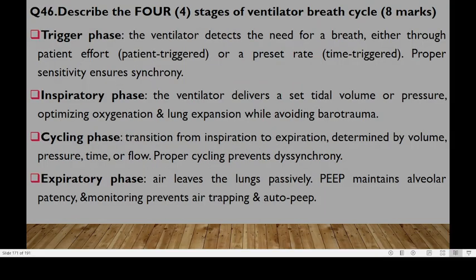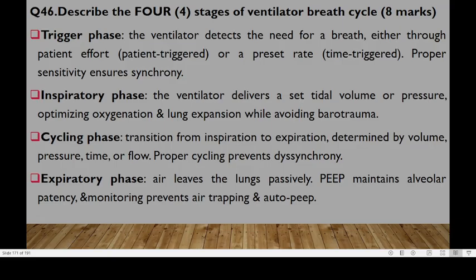Describe 4 stages of ventilator breath cycle. Okay, so a ventilator breath cycle consists of 4 stages. We have the trigger phase, where the ventilator detects the need for a breath, either through the patient effort, so we say this is patient triggered, or a preset rate, so this will be time triggered.